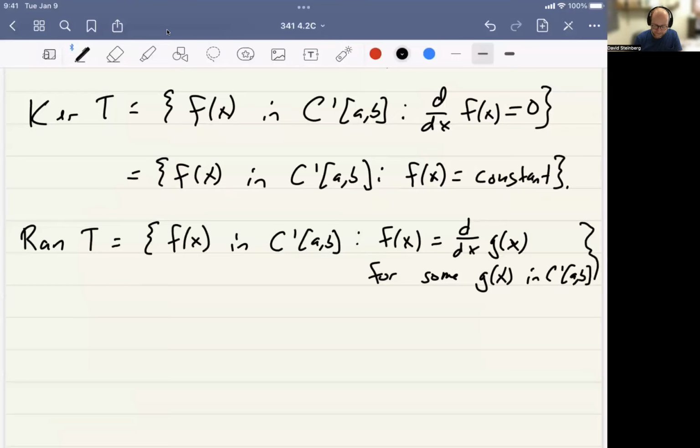And I'll leave this as a fun exercise: that actually this is equal to all of C1[a,b].